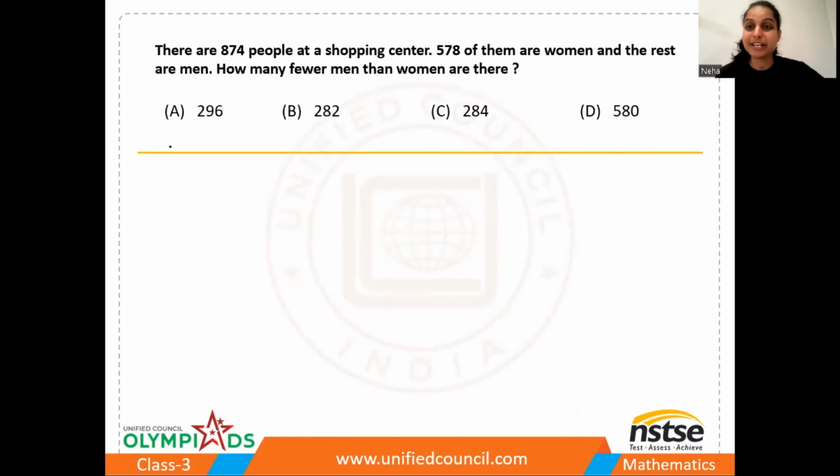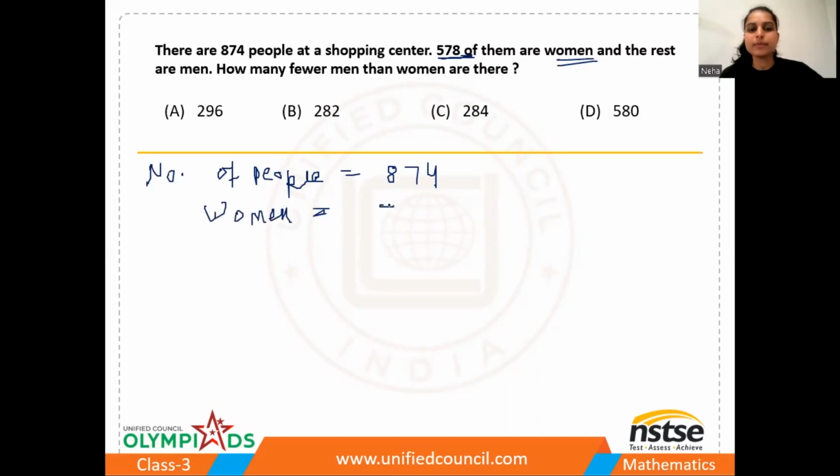Here is the next question, my dear students. The next question says that there are 874 people at a shopping center. So the number of people in the shopping center is 874. Now 578 of them are women. So the number of women is 578, and the rest are men.